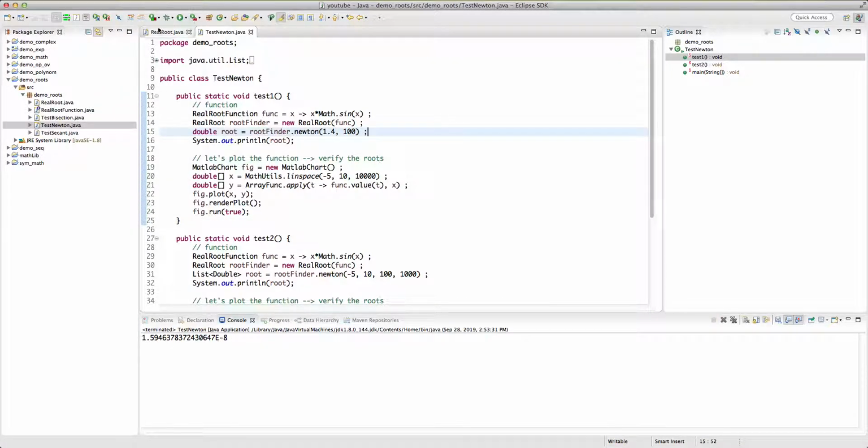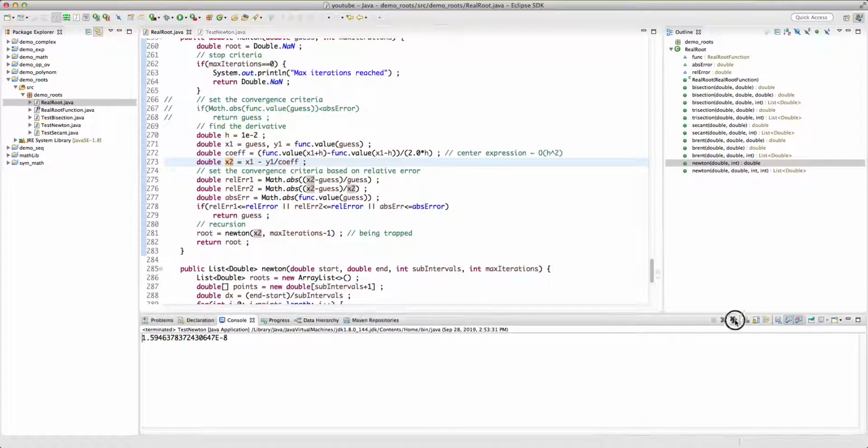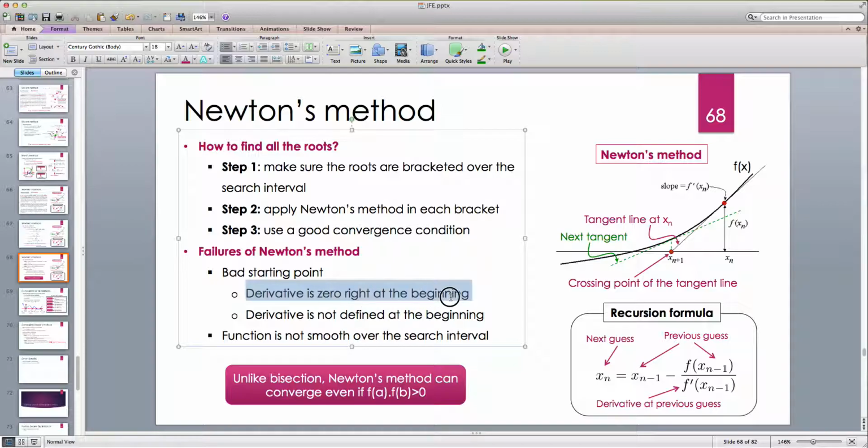Okay, so this is a much better convergence criteria for Newton's method, and it's pretty fast. Let's head to the PowerPoint. So the failures of Newton's method: one of them is obviously a bad starting point. If the derivative is 0 right at the beginning, we cannot move forward, right? So Newton's method fails. Or the derivative is not defined at the beginning.